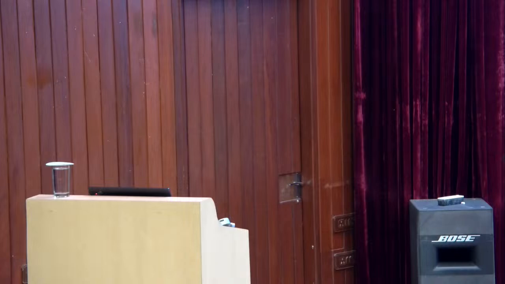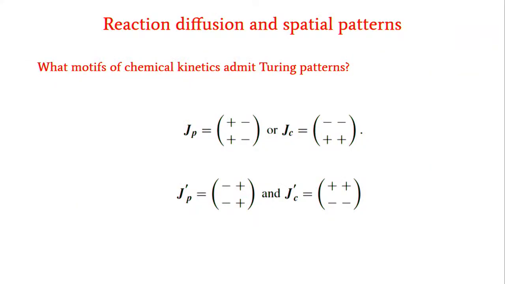In one of your slides, you have shown the different kind of... Which one? Yeah, that one. Sign structure. So what are these subscripts for? The P and C. These are just two types of stability matrices, or patterns of interaction between the species.